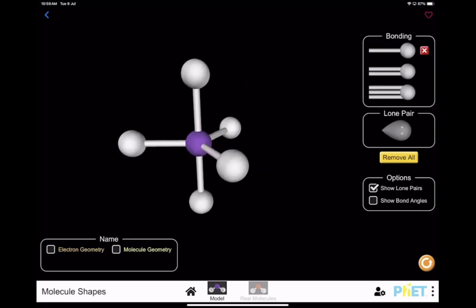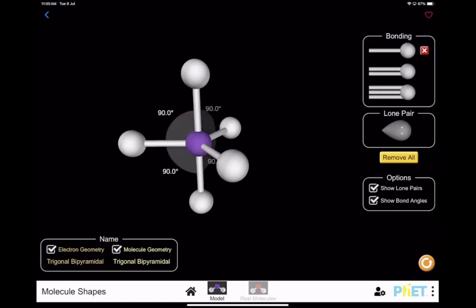What is the bond angle between the top one and the middle ones? 90. Very good. So the electron geometry is trigonal bipyramidal, understandable? Yes, sir.